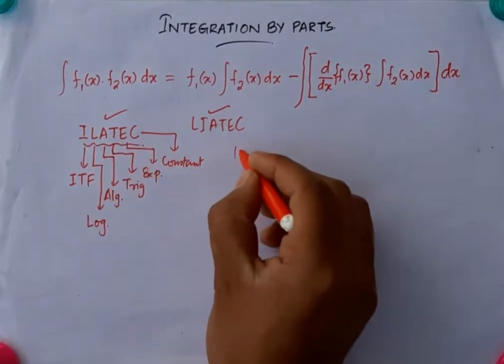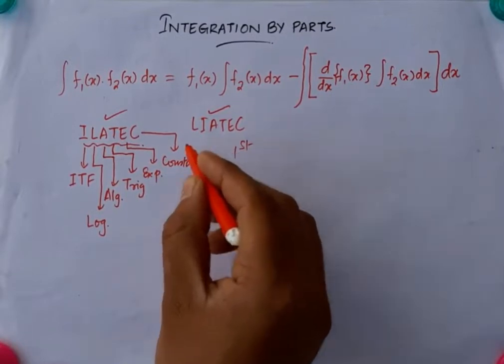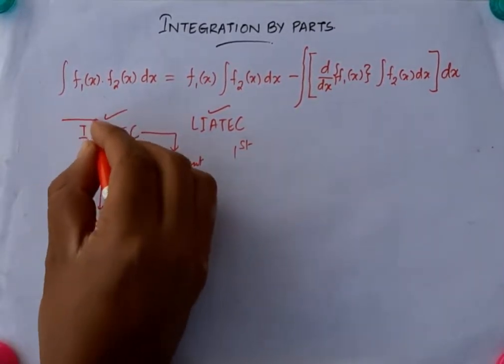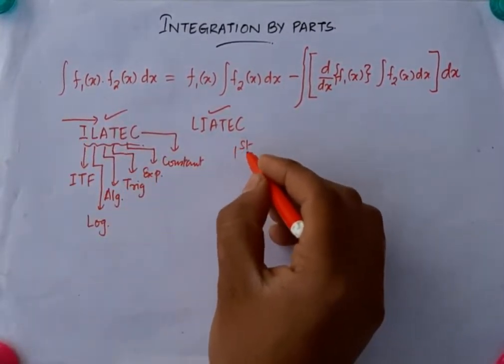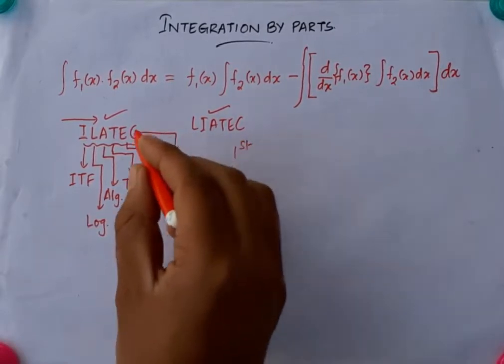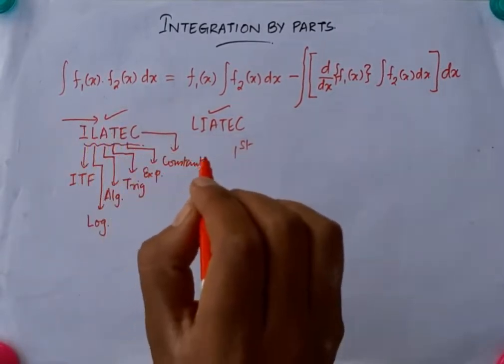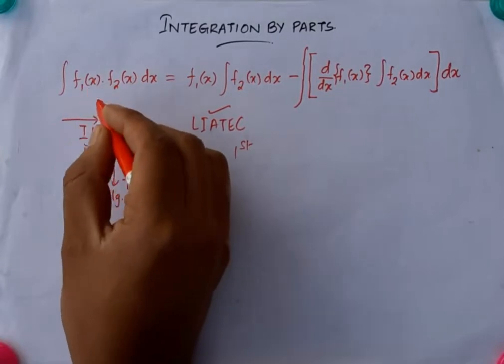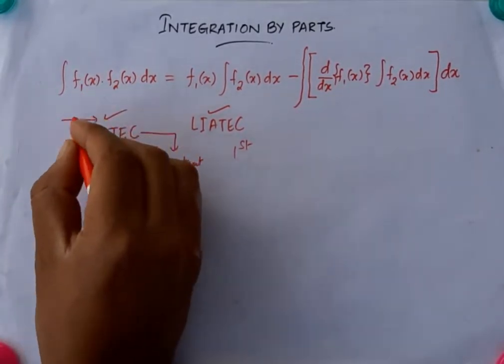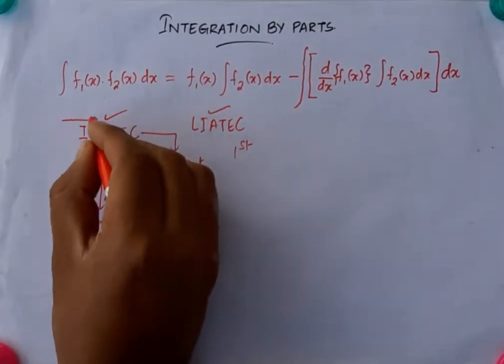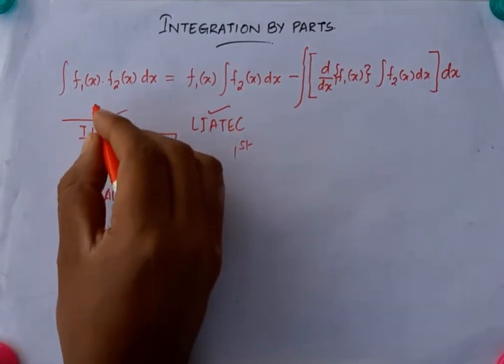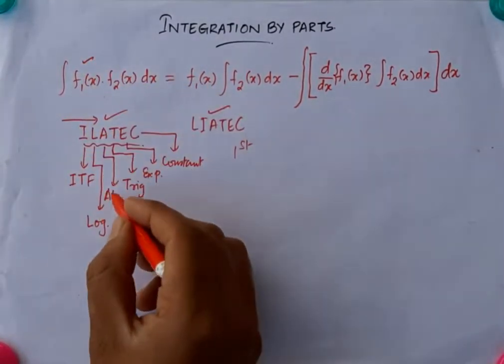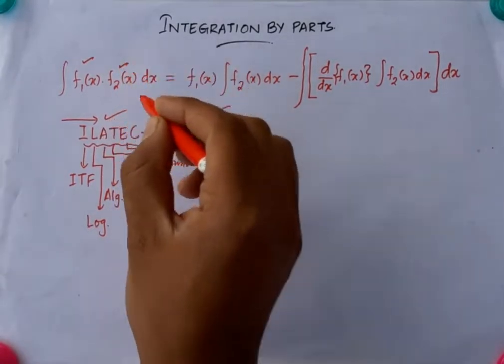So whichever comes first in this order, that has to be differentiated, that will be taken as f1 of x. Whichever comes second, that will be treated as f2.